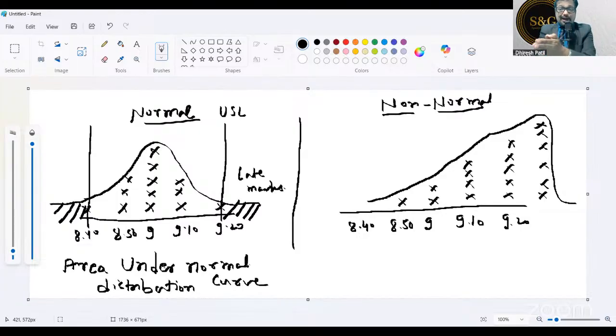When we calculate the process capability of this kind of shaped distribution, it does not come accurate because the area under normal distribution curve principles will not be applicable in this. Are you understanding?